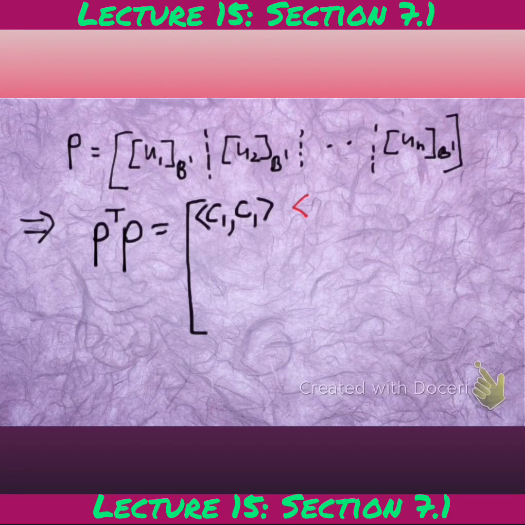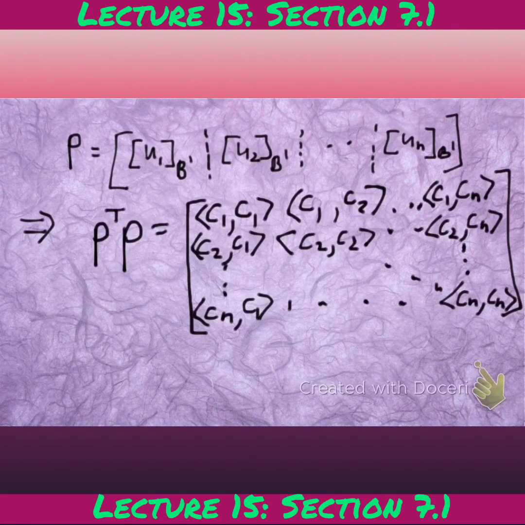And then again, you take the first row of P's transpose, which is the first column of P, and you take the inner product of that with the second column of P, which is this vector. Doing that we get our matrix, and these C's are just these vectors.